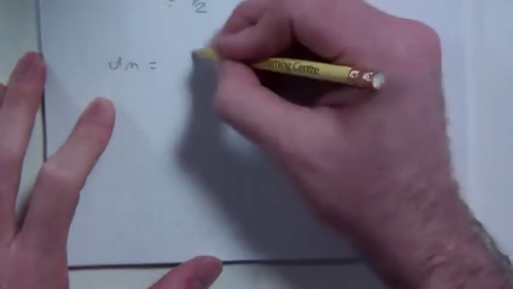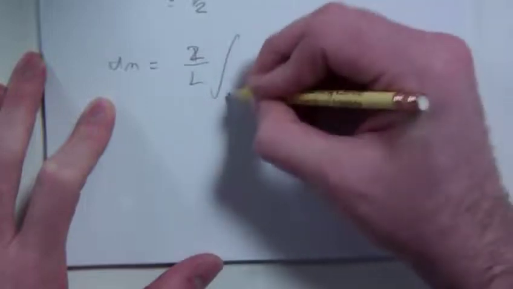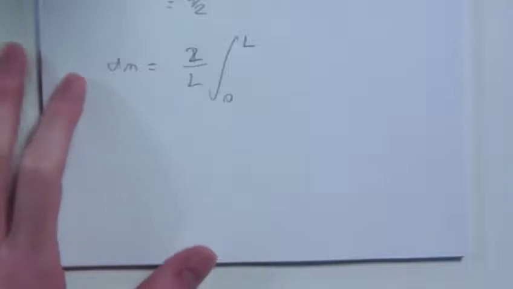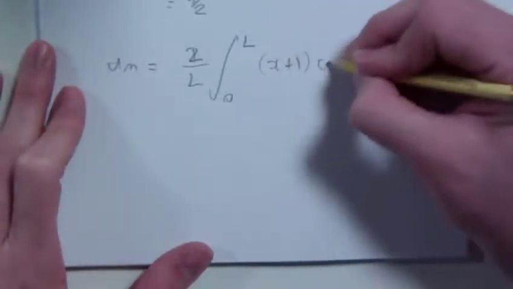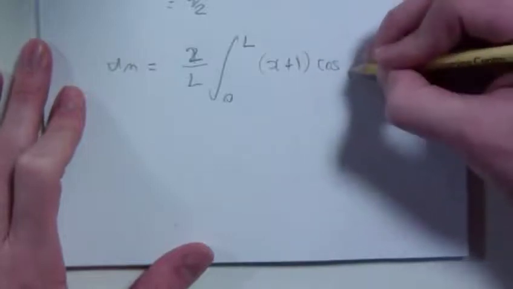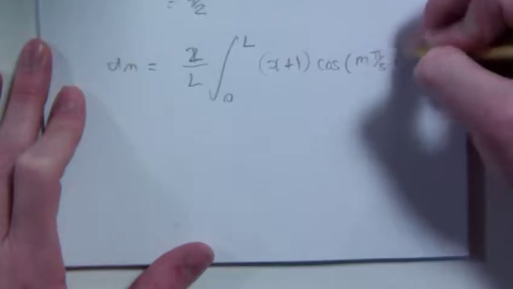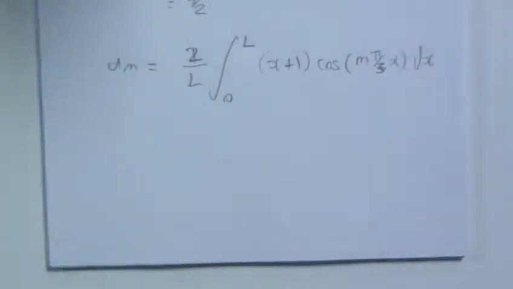Alright, and my An will be, normally it's 1 on L, but it needs to be twice as big. And normally it's minus L to L, but I'm only doing half as much. And the twice as big and half as much cancel each other out. I'm getting good at drawing my pi on L there.